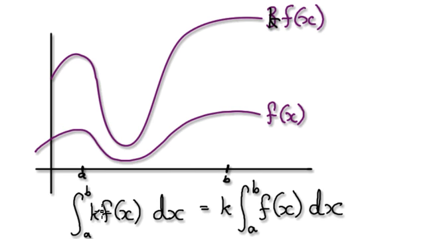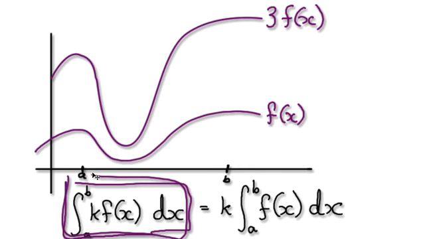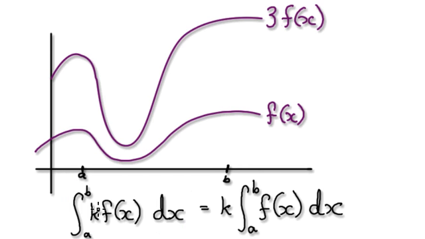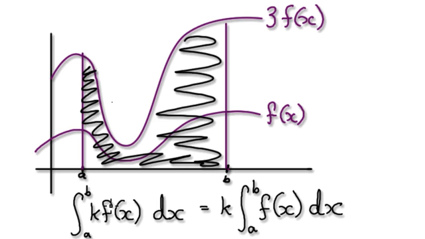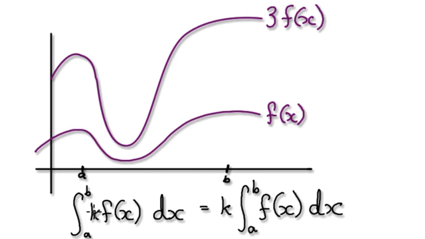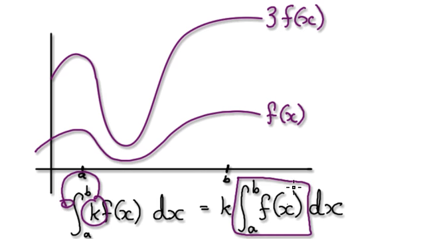Well, if k is a constant, then you can actually take it out here. What this is saying is that the area underneath k f of x, this whole area here, the integral of k f of x from a to b, is the same as taking the k out and concentrating on working out the area of f of x.